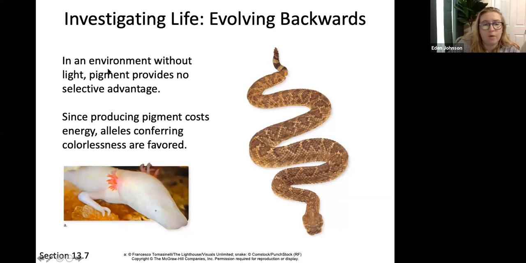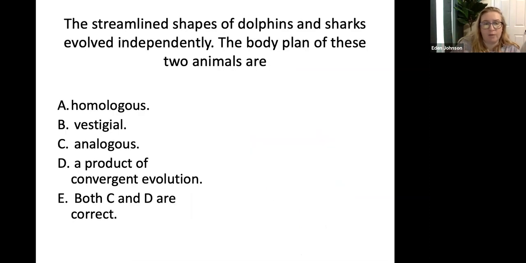In an environment without light, pigment provides no selective advantage. If pigment is actually a greater energy cost, then organisms not producing skin pigment will be favored because they're saving energy on something that's not needed.